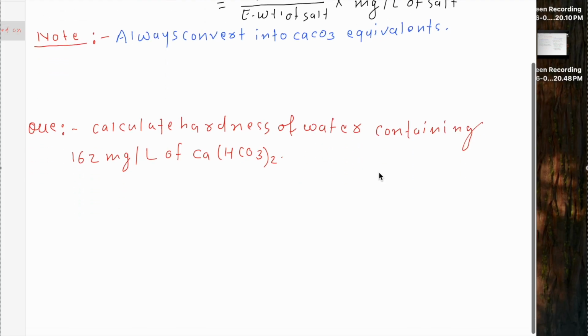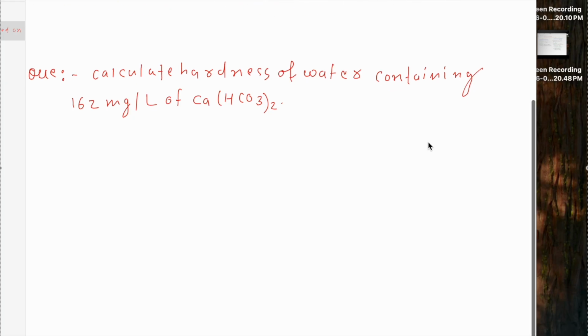So what type of question do they ask? The first type of question is: calculate the hardness of the water containing 162 milligram per liter of calcium bicarbonate. So how can we calculate? First of all we write the molecular weight of calcium bicarbonate, Ca(HCO3)2, which is equal to 162 gram.